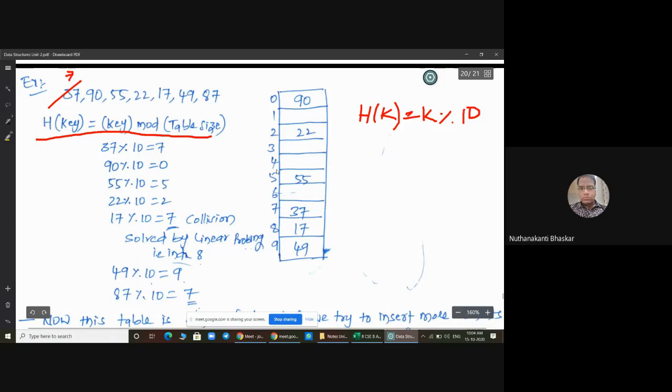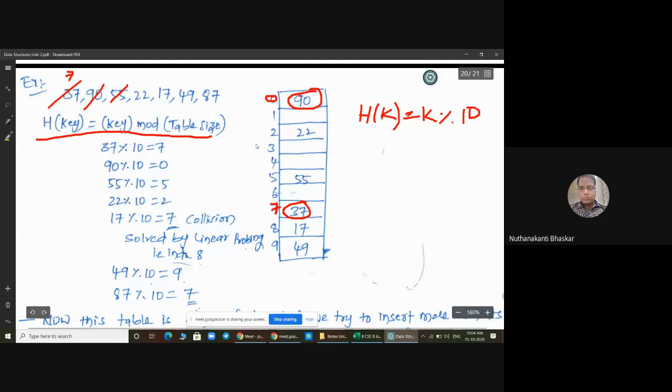Now we are going to insert it at 7. Okay, inserted. Now for 90, what is the hash value? 0. I inserted it in the hash table at position 0.